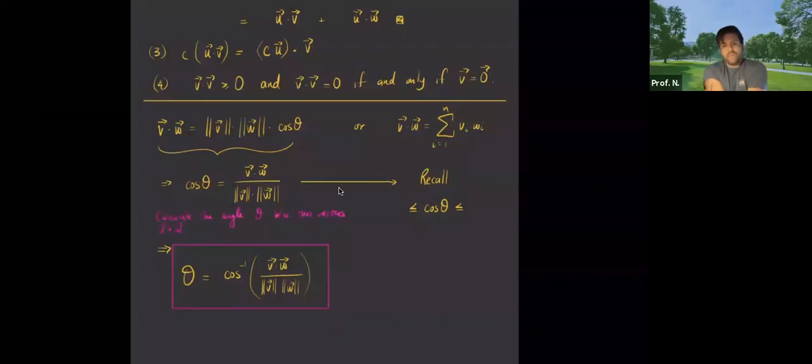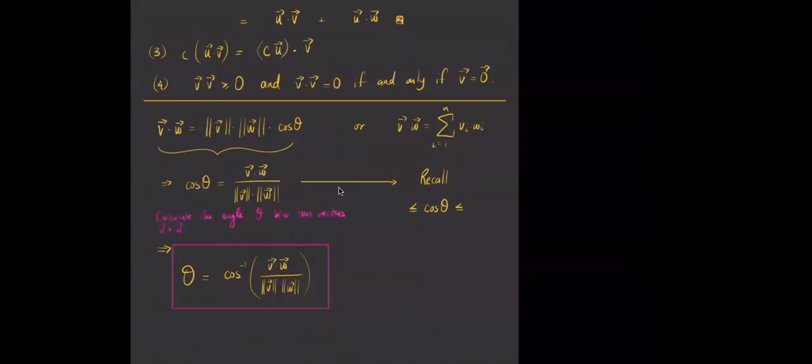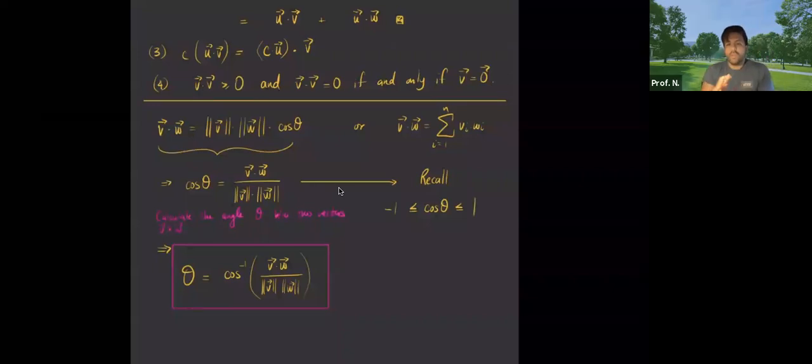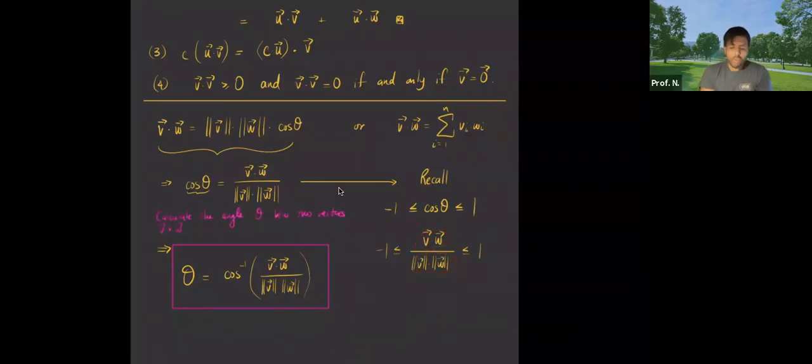Cosine is adjacent over hypotenuse, but what number is cosine always between? So Gershon says -1 to 1. That's right. It's always between those. Now, we just defined cosine of theta to be what? I can replace this with V dot W divided by the norm of V times the norm of W. So what that tells me is that this dot product divided by these norms will always be between -1 and 1.